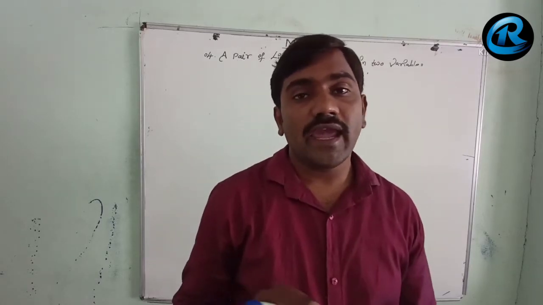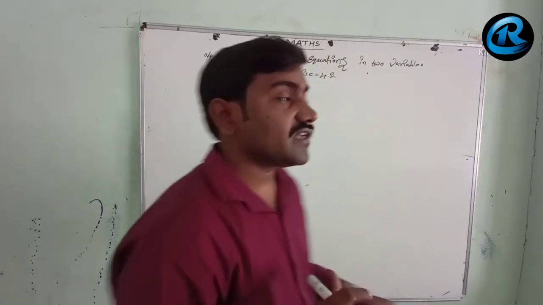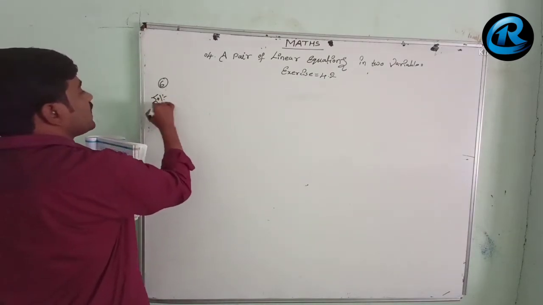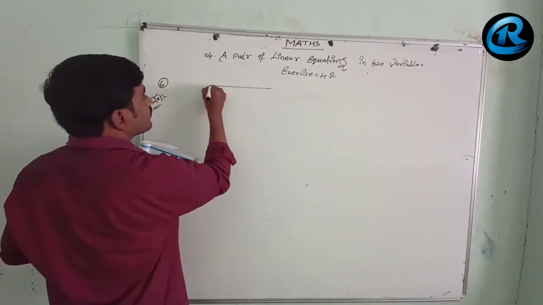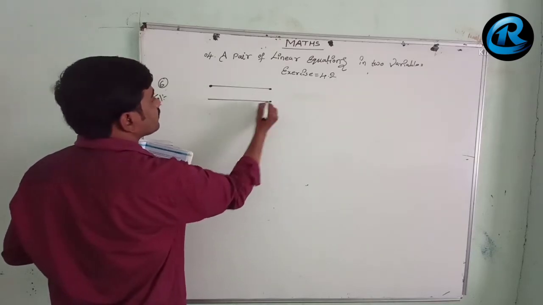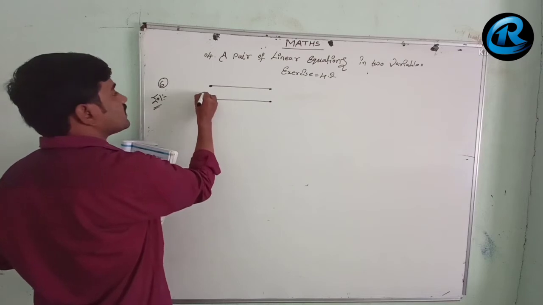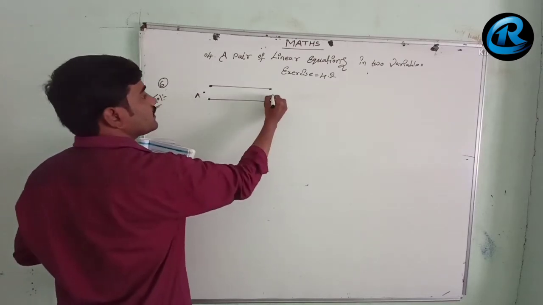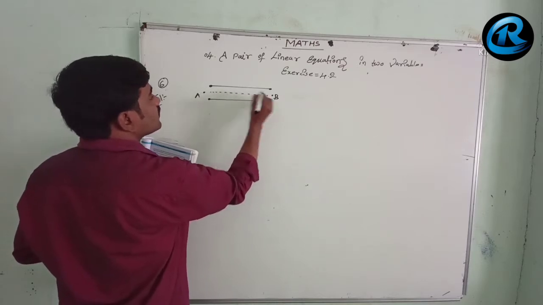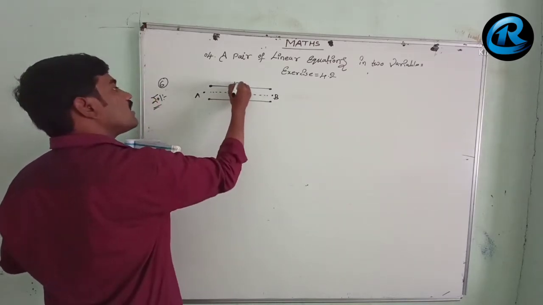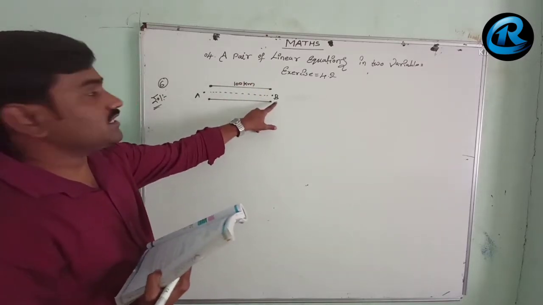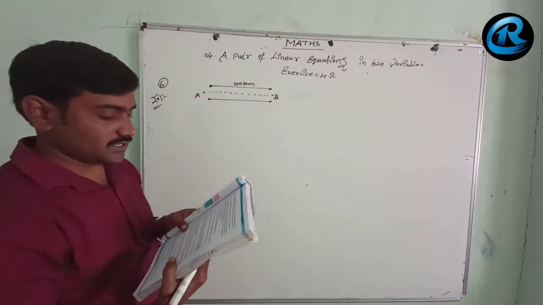There are two places A and B, with a difference of 100 kilometers. Suppose here there is a place A and here it is a place B. The distance here, how much? 100 kilometers. From place A to B, the distance is 100 kilometers.